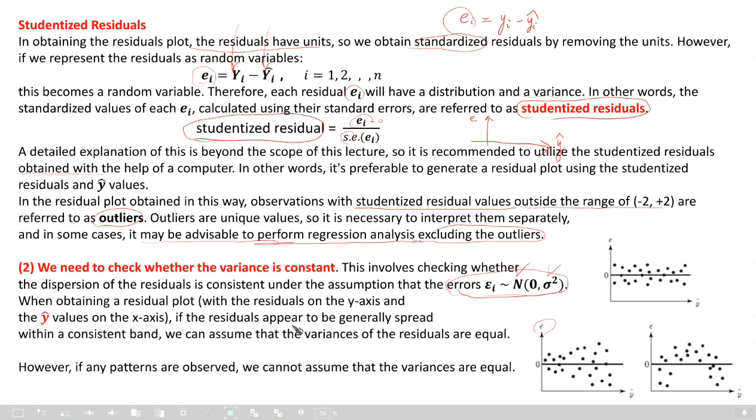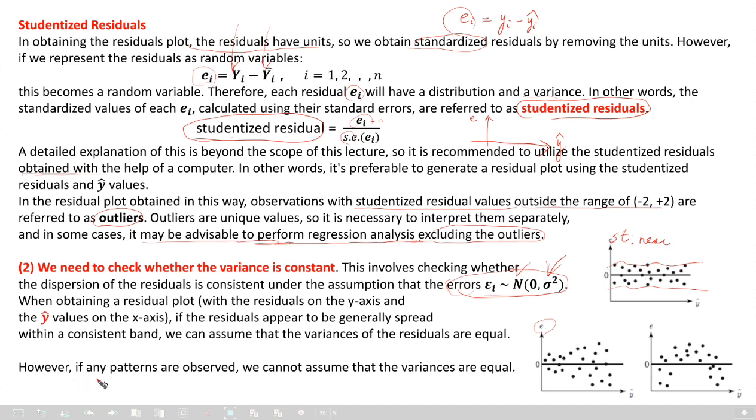If the residuals appear to be generally spread within a constant band, like this, a constant band, okay? Then we can assume the variances of the residuals are equal. So this is okay, constant variance. This one is the studentized residual.